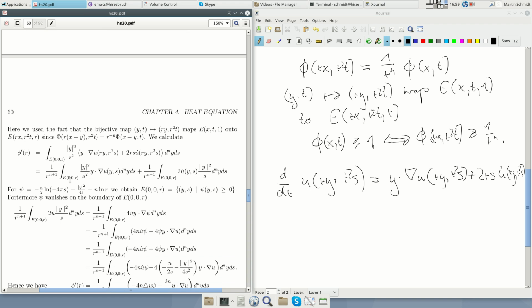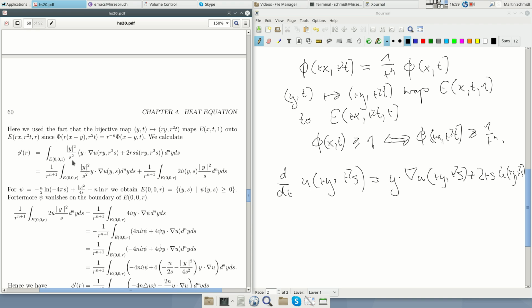Now we want to go back to the ball with radius R. Since here we have an additional y, we get one power more. You should keep in mind that this y here is this y divided by R, this is R times y.